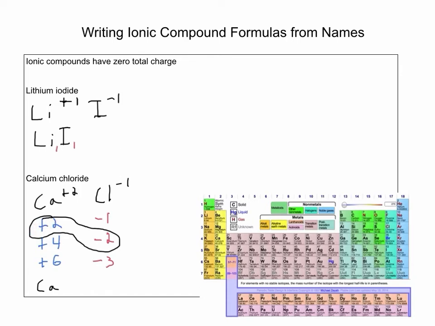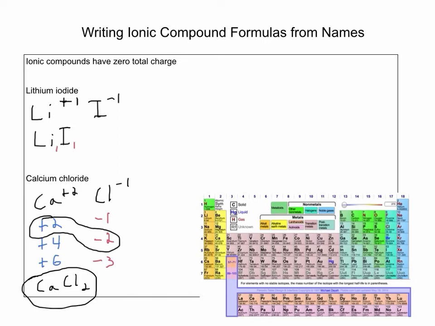But in order to get the equal and opposite charge of that, for the negative charge, I need not 1 chlorine, but I need 2 chloride ions in my compound. So what I'll write is Cl2. So this will be my final compound, CaCl2, because in order to have equal and opposite charges, I need 1 calcium ion and 2 chloride ions.